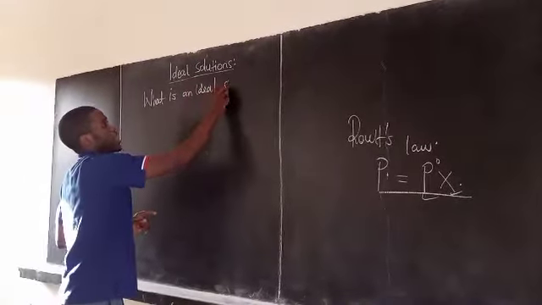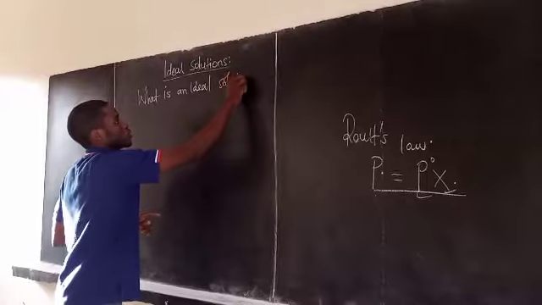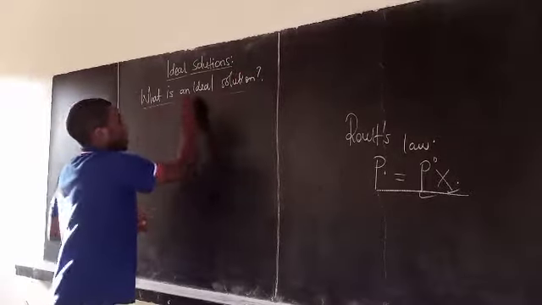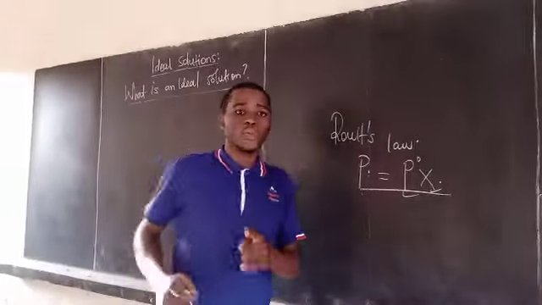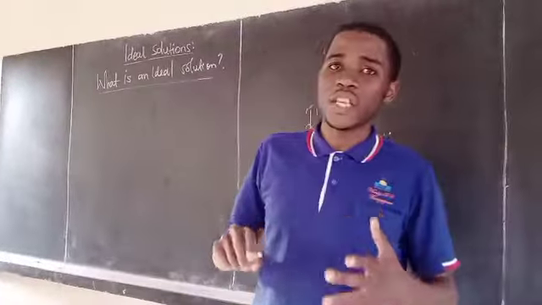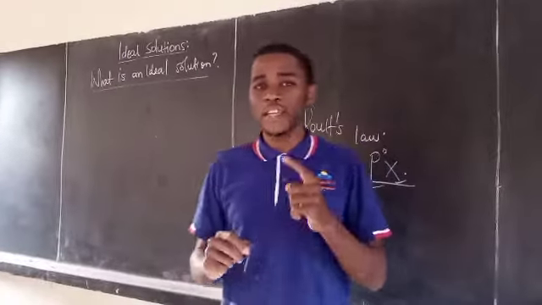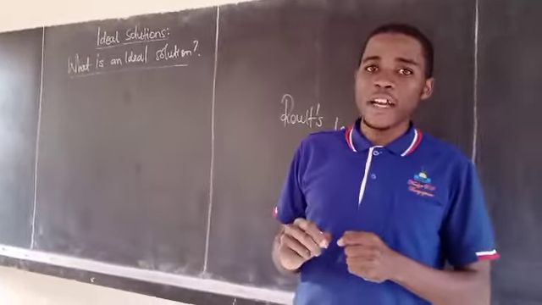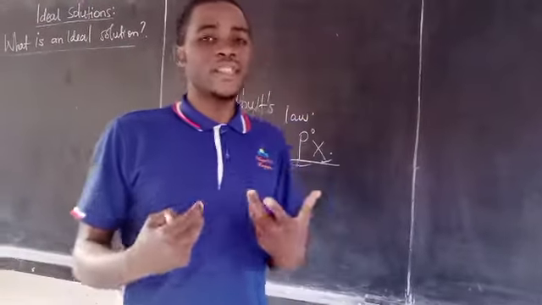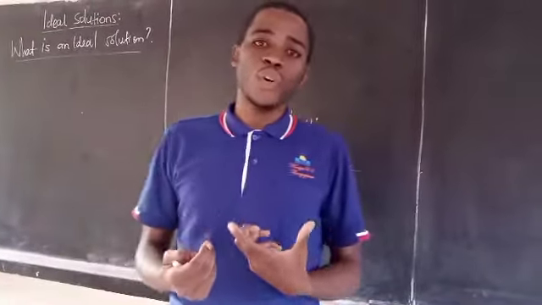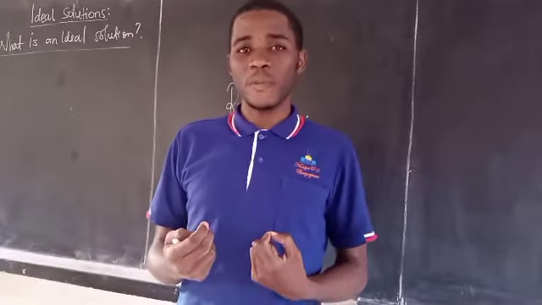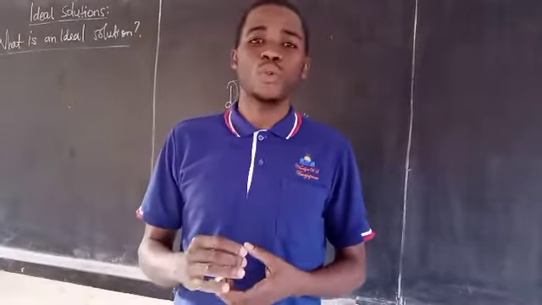What is an ideal solution? By the end of today, you should be able to define and state characteristics of an ideal solution, and you're supposed at least to know how to draw the composition diagrams of ideal solutions.